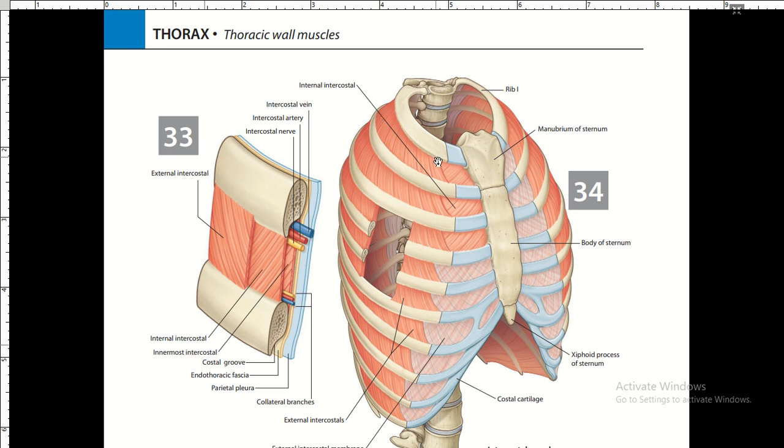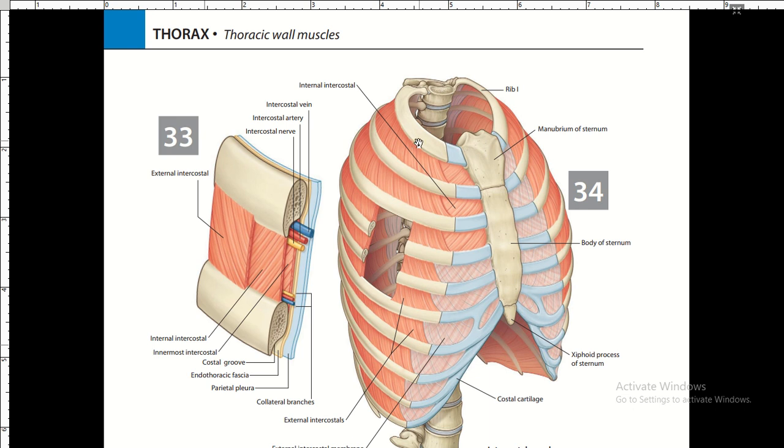So each intercostal space is going to be supplied by corresponding intercostal nerves, veins, arteries. And the vein, the artery, and the nerves, they will be within what you call the costal groove, which is medial to the inferior border of each rib.